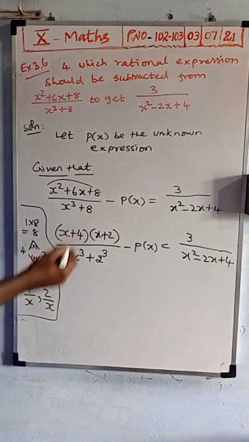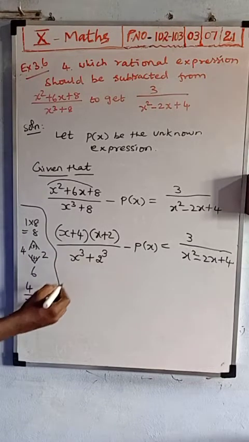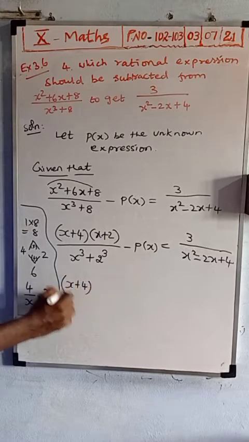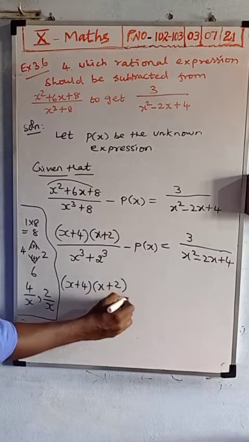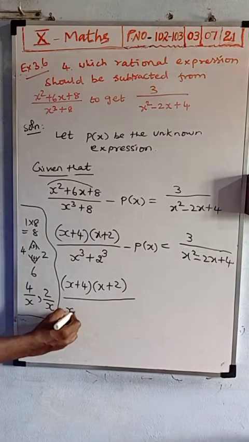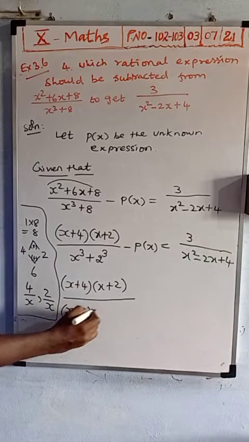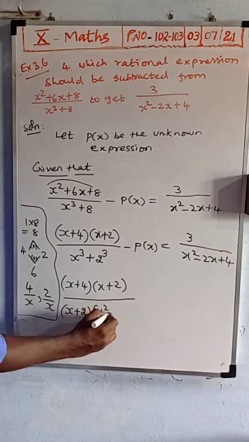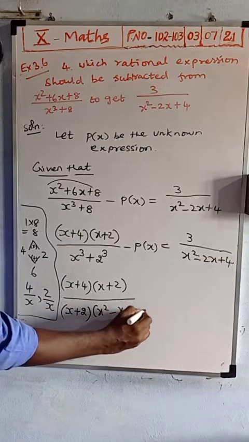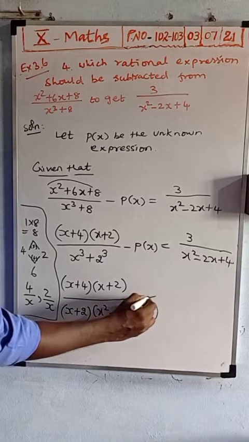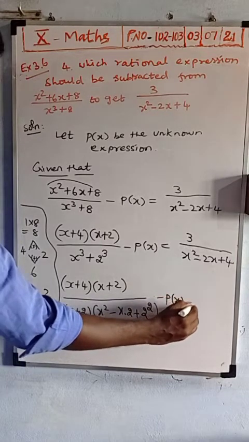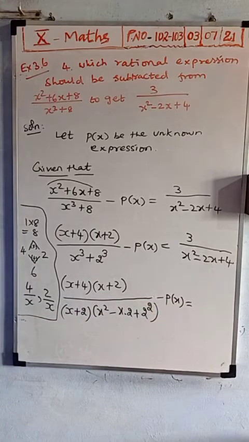Now in the denominator, we want to use the formula. What formula do you see here? x plus 4 divided by x plus 2 divided by the a cube plus b cube formula. Yes, so what is that? a plus b into a square minus ab plus b square. Use the formula, minus p of x equals that denominator you should write.